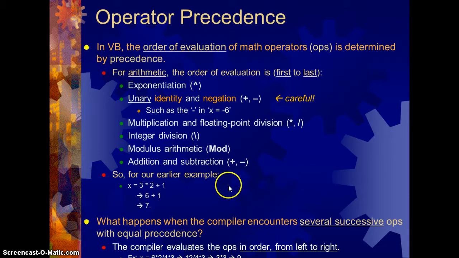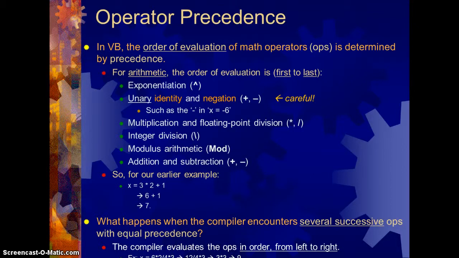What happens when the compiler encounters several successive operations with equal precedence? Let's see an example: 6 times 2 divided by 4 times 3. We said that multiplication and division have equal precedence. So which do I do first here? It goes in order from left to right.